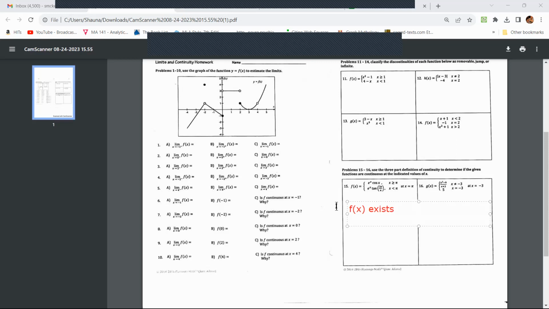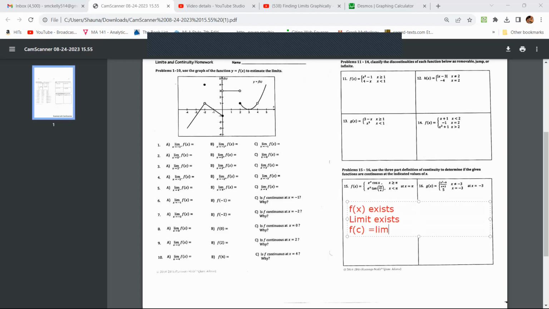The second part says the limit exists. I'm doing shorthand here. And the third part says f of x, or f of c, is equal to the limit. That's the three-part definition.